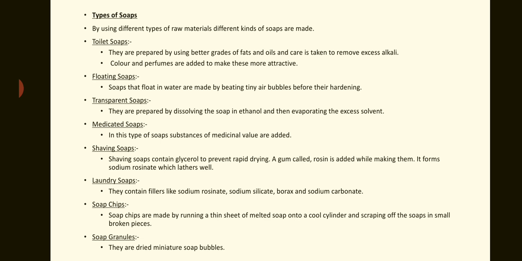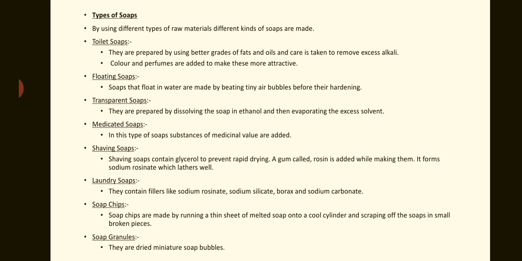A gum called rosin is added, and while making them, it forms sodium resinate, which lathers well, जो अच्छे से झाग देता है. Laundry soaps contain fillers like sodium rosinate, sodium silicate, borax, and sodium carbonate, used by dry cleaners.